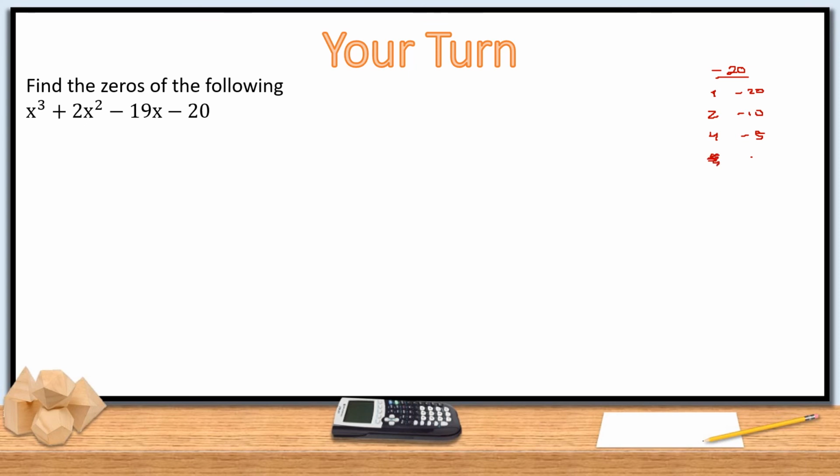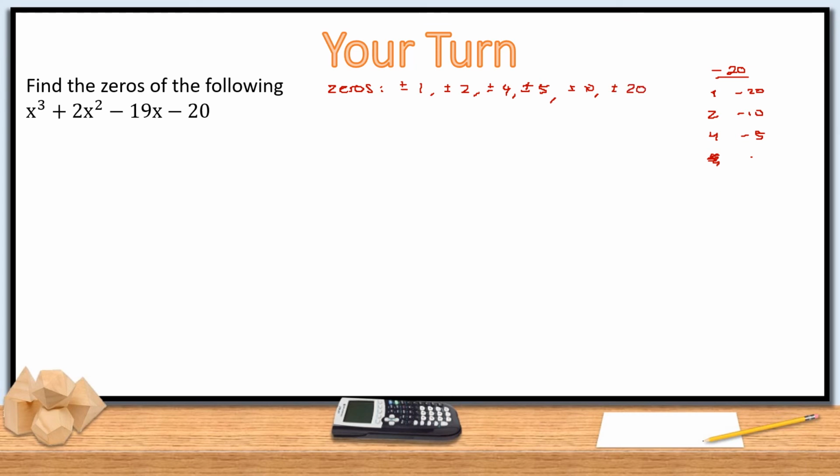I need the positive and negative versions of both of those. So we've got plus or minus 1, plus or minus 2, plus or minus 4, plus or minus 5, plus or minus 10, and plus or minus 20.